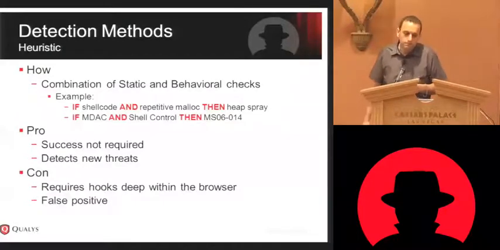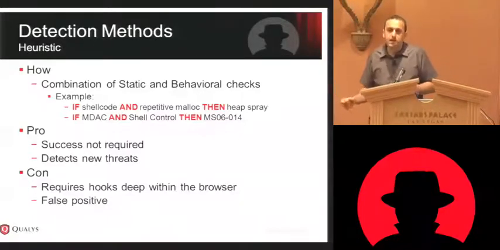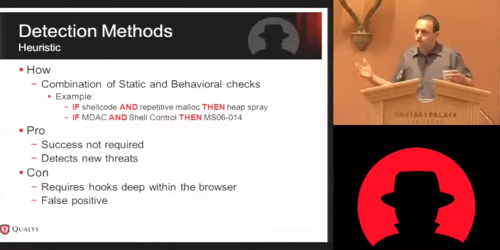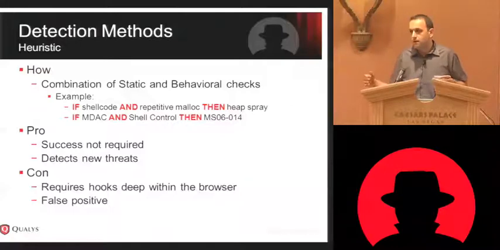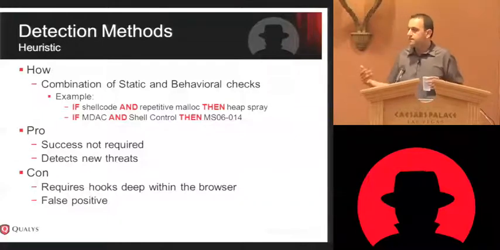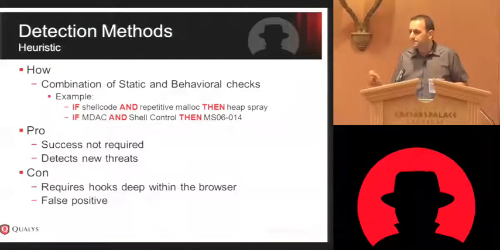The third method is a purely heuristic approach. And by purely, I mean it's actually a combination of behavioral and static. This one's a little hard to describe, so I'm just going to use examples, and it'll make more sense. If I see a long string of encoded data that looks kind of like shellcode on your page, I could say there's shellcode on it, therefore it's bad, but that's not really quite enough.